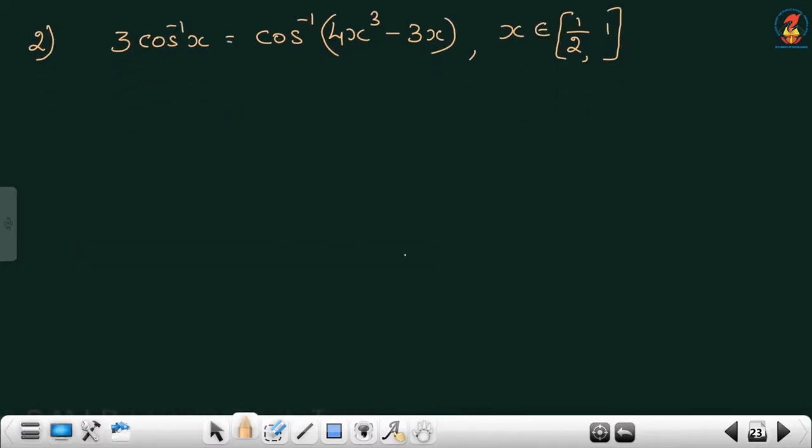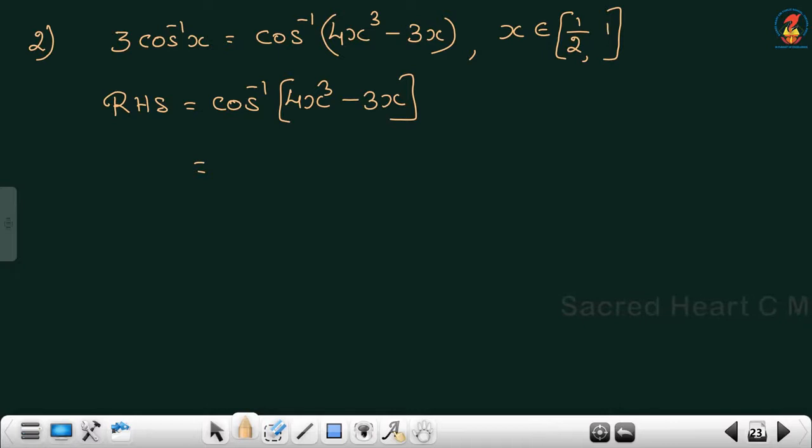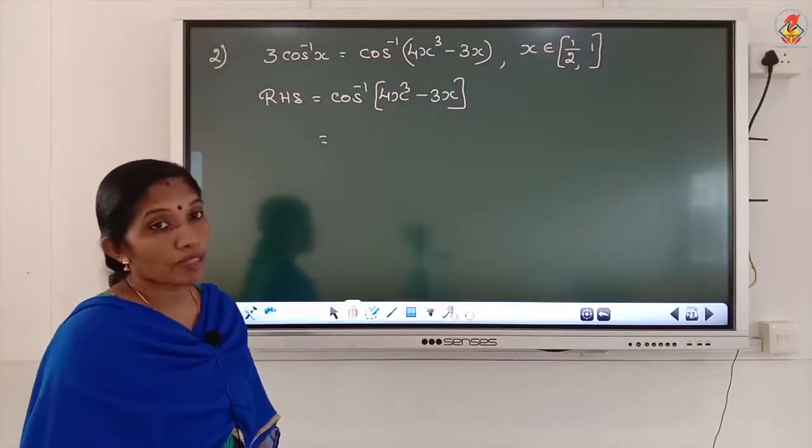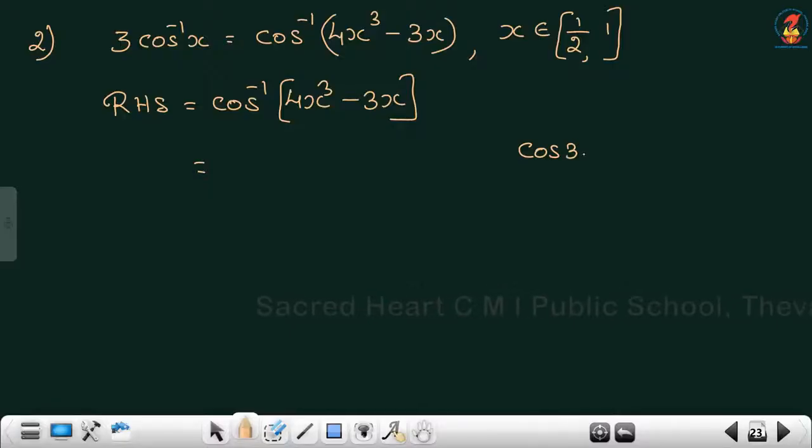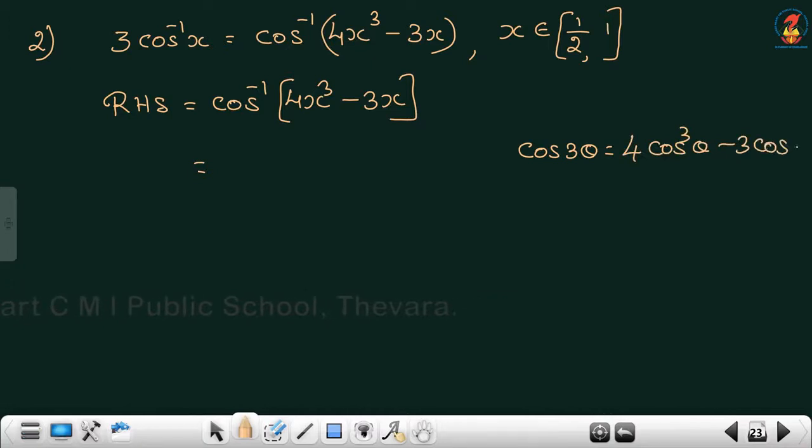RHS is equal to cos inverse of 4x cube minus 3x. Then what we have to do? We have to convert this bracket in terms of cos. So can we convert by doing a substitution? We have cos 3 theta. What is cos 3 theta? Cos 3 theta is equal to 4 cos cube theta minus 3 cos theta.